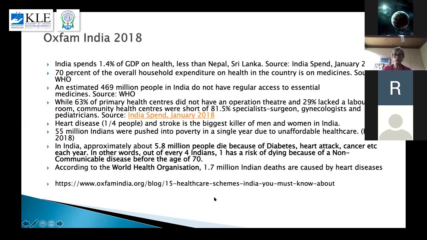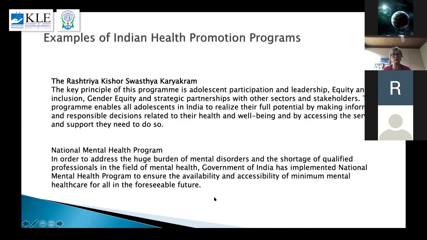And we know that there's the increasing problems of diabetes, heart attack, and some of these other diseases. So, you know, one in 4 Indians has a risk of dying from a non-communicable disease. This is what we've got to think about with health promotion. So these are statistics that you can look up and have a look at.